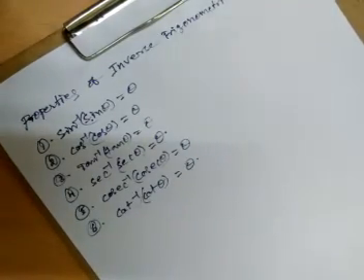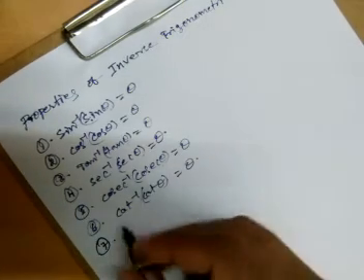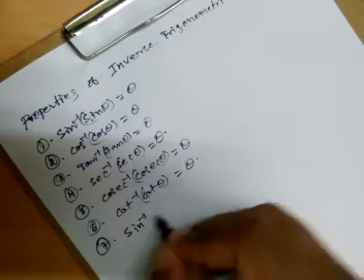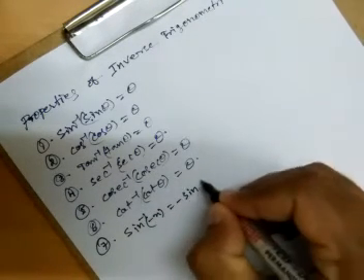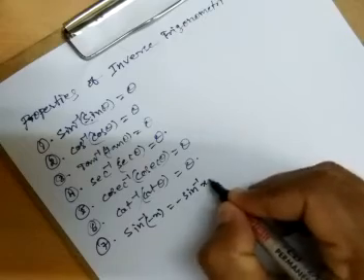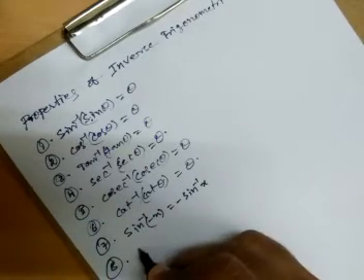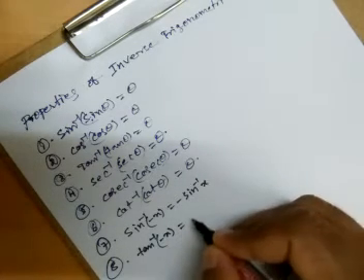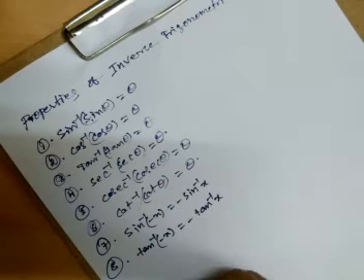Next, the seventh property: sine inverse of minus x equals minus of sine inverse of x. Tan inverse of minus x equals minus of tan inverse of x.